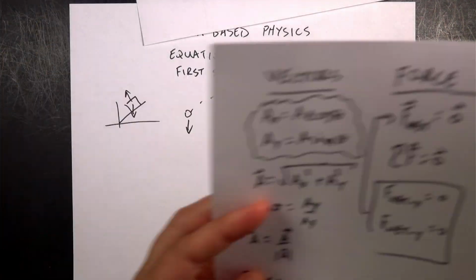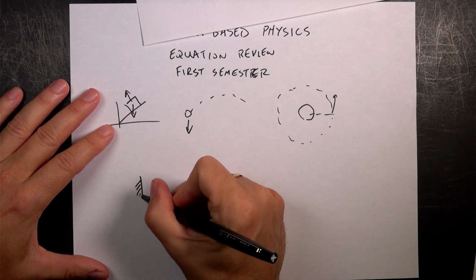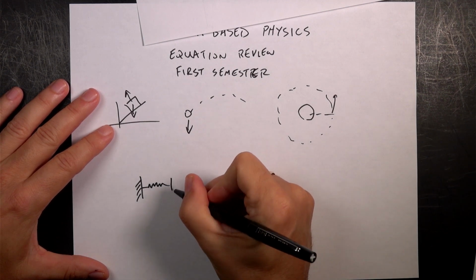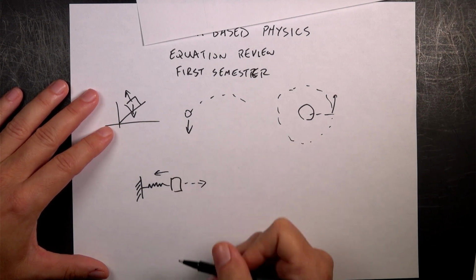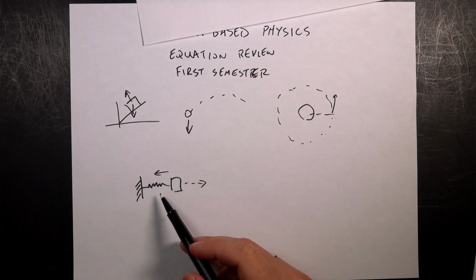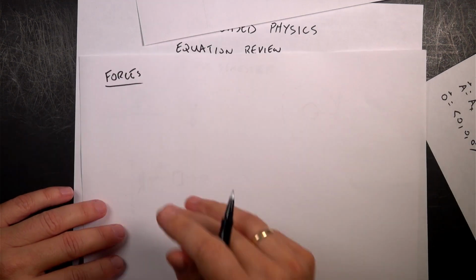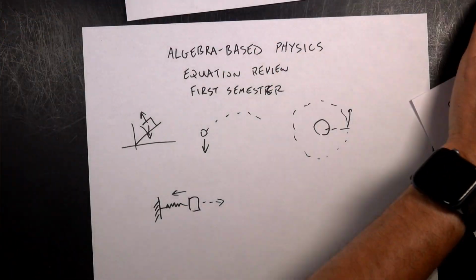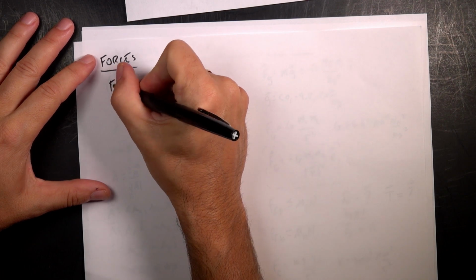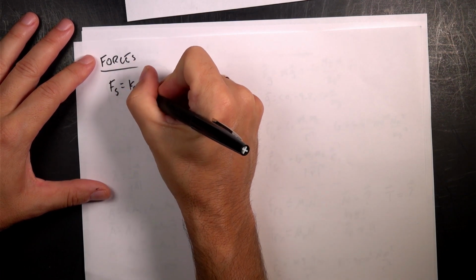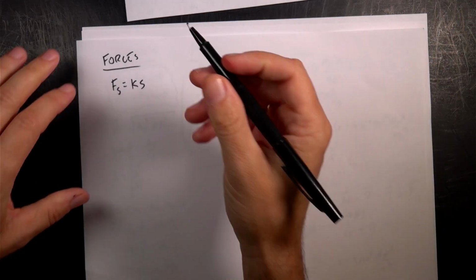So if I have a spring and I pull it this way, then the spring's going to pull back that way. And the magnitude of the spring force depends on how much it stretches. So a lot of times you would write the spring force looking like this. F spring equals Ks. That is a scalar equation.